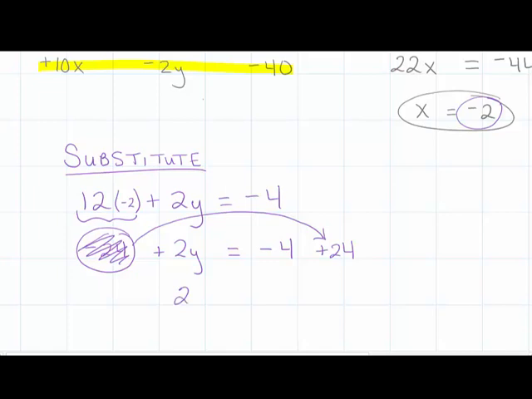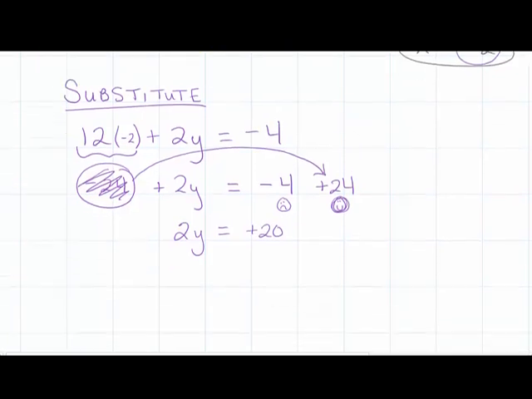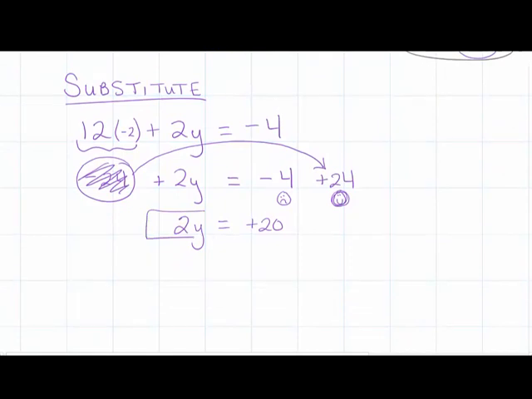So, I have 2 y's. I've got a negative 4 and a positive 24. And when I combine them, I definitely have more positives than I do negatives. I've got a total of 20 positives. If I break this up into single y's, I'd have 2 single y's, which means I'm going to break 20 up into 2 even groups to figure out what y is.